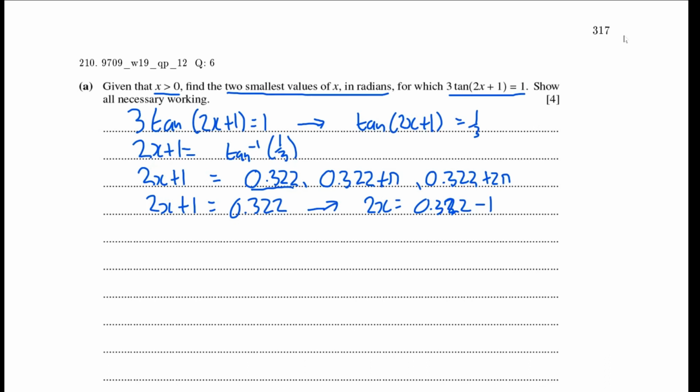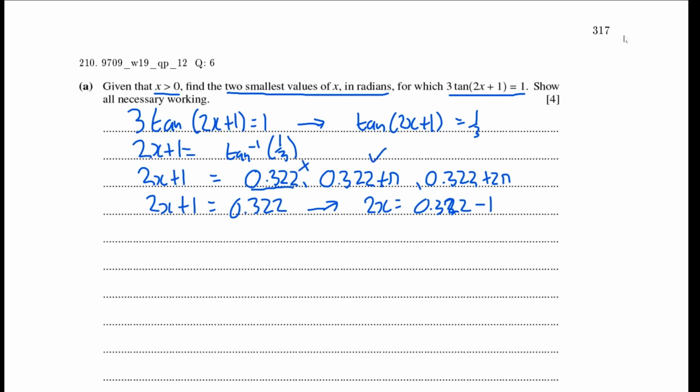And I'm going to stop here. The reason for that is the first criteria: x has to be bigger than 0. And 0.322 minus 1 is going to give me a negative answer. And even if you divide by 2, that's also going to give me a negative answer, which is not what the question wants. So this one is not a valid solution.